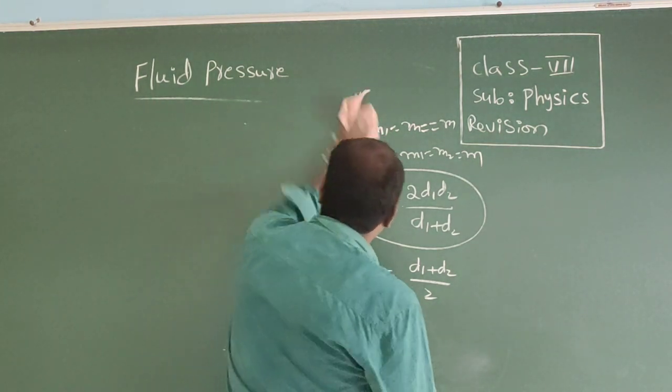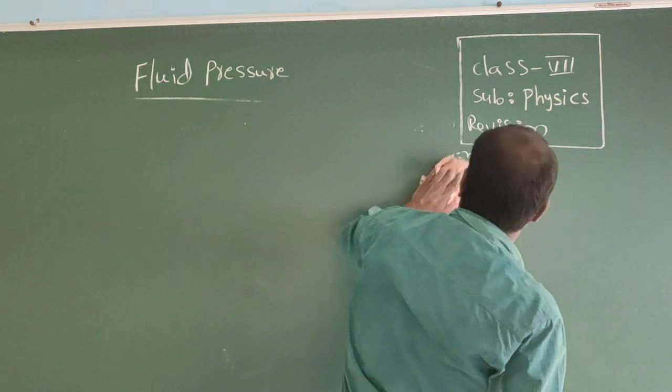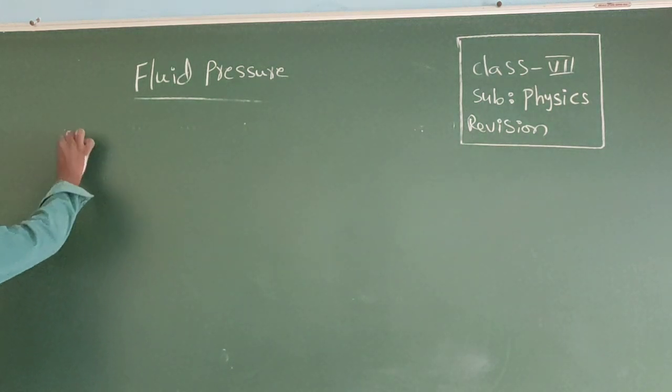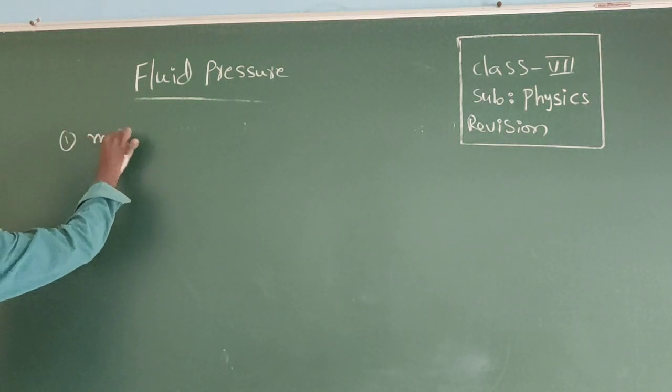Okay, I will explain one problem for each one. If masses are equal, here two different liquids have equal masses, M1 equal to M2.